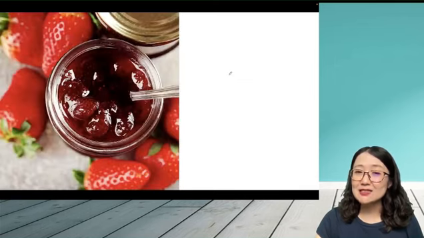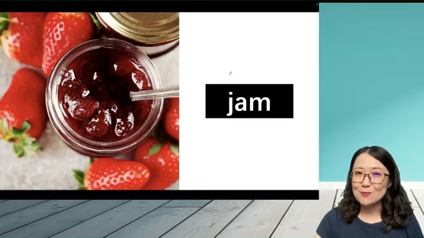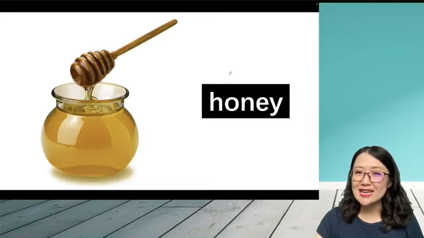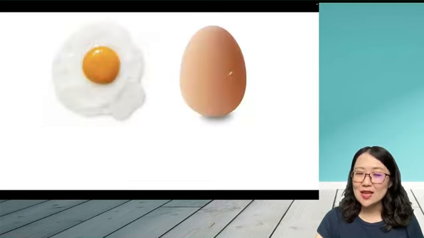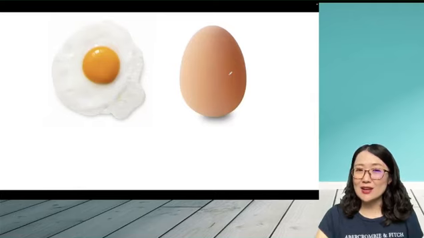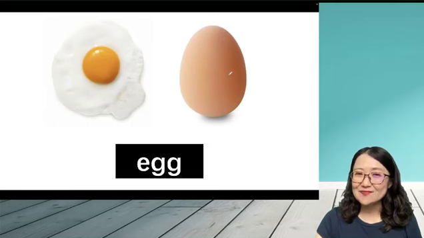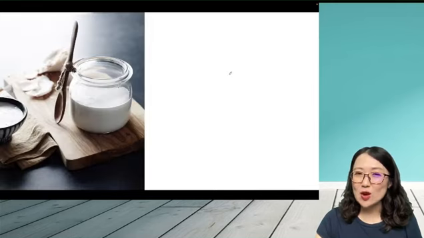And this one here? That's right, that's jam, right? Jam. Okay, and let's take a look at this one. That's right, this one is honey, right? Honey. And what about this one here? Right, that's an egg. 这个是可数的啊, an egg. Or we can just say egg, right? And what about this one?